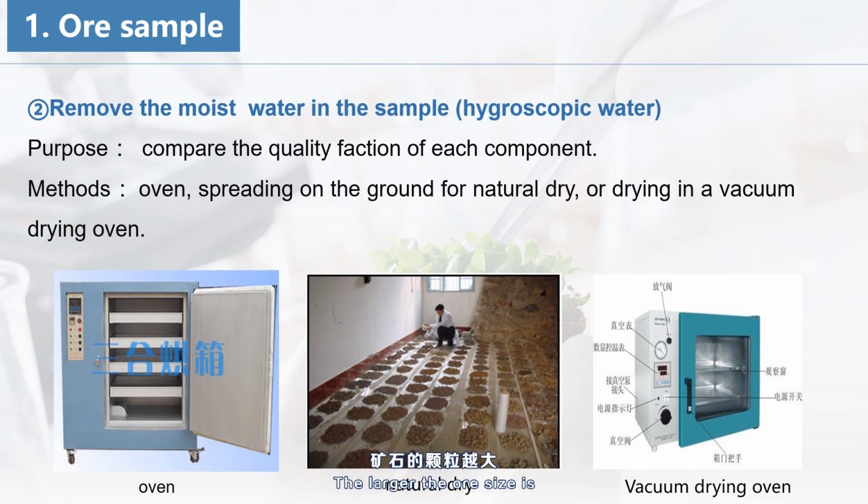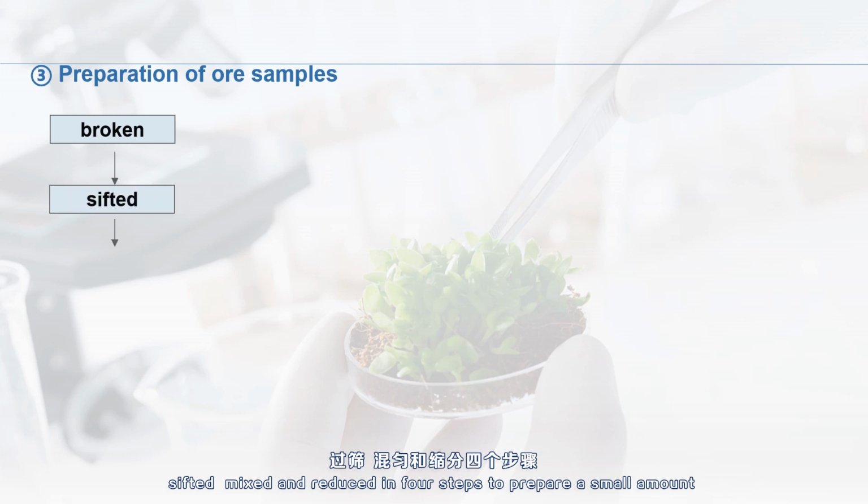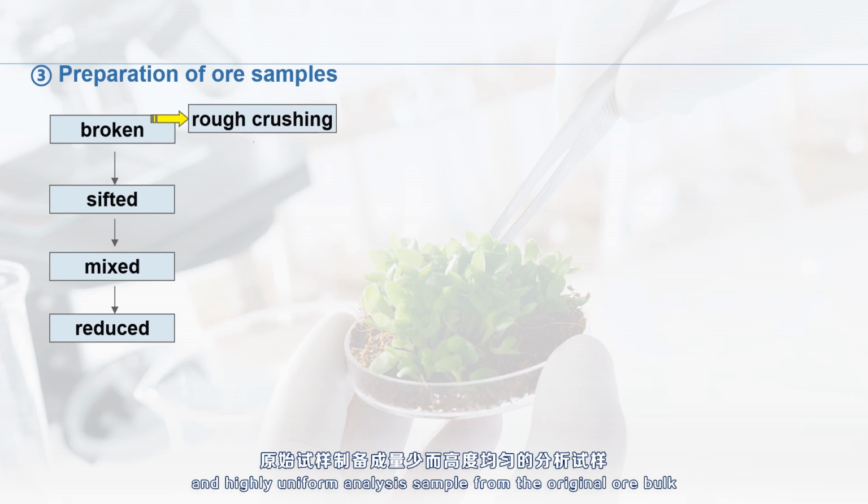The larger the ore size is, the more sample needs to be collected. It is required to be broken, sifted, mixed, and reduced in 4 steps to prepare a small amount and highly uniform analysis sample from the original ore bulk.